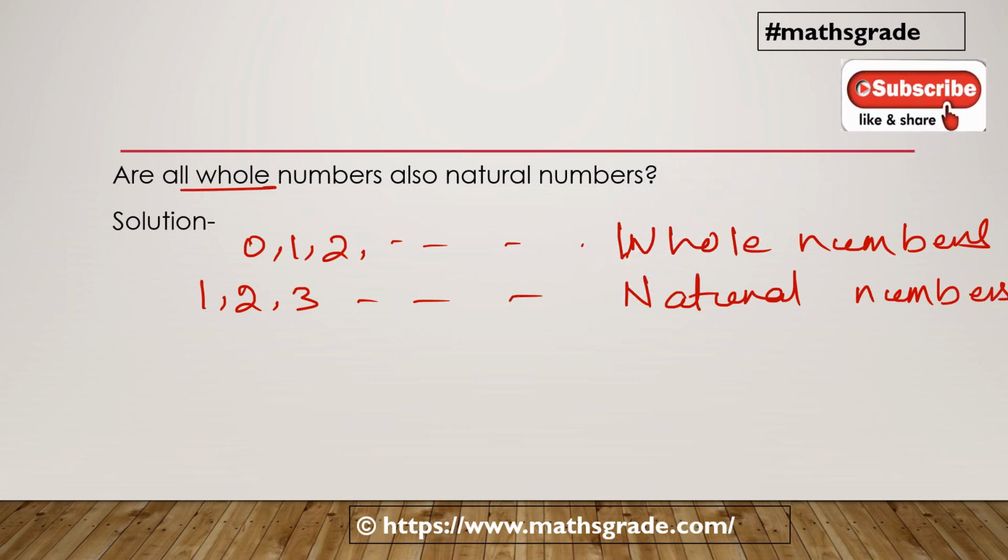Here 0, 1, 2 are whole numbers, but in natural numbers there is no 0. 0 is a whole number, but 0 is not present in natural numbers.